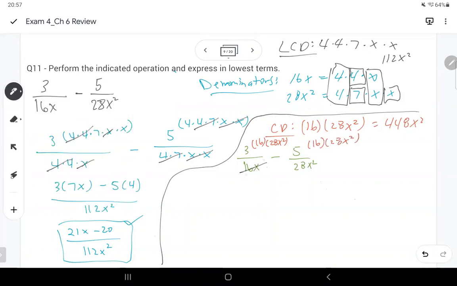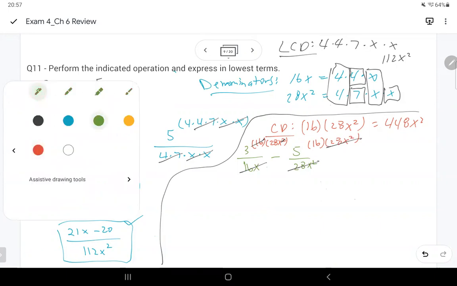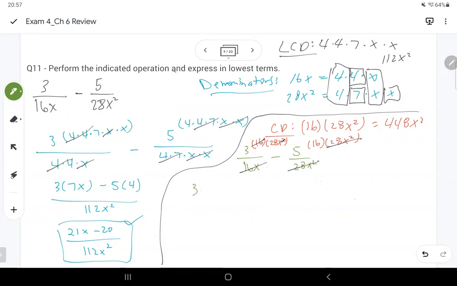Cancel out what's there. And then what you have left is 3 times 28x. And then in a minute, I'm going to write that a little bit differently.